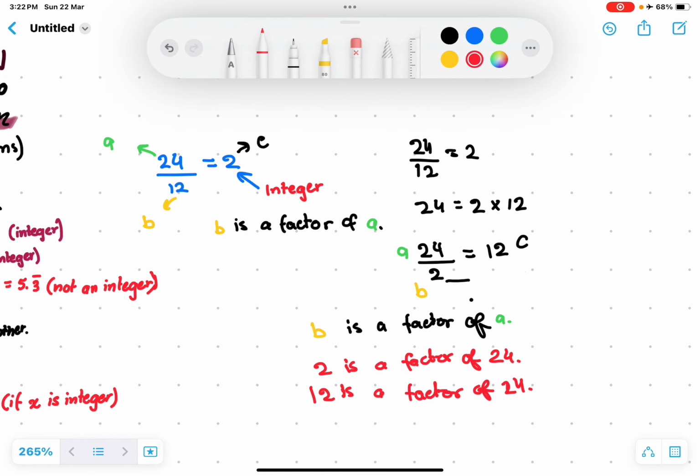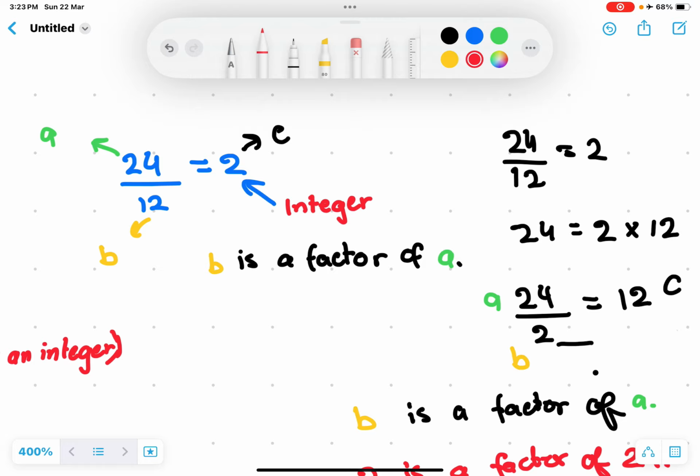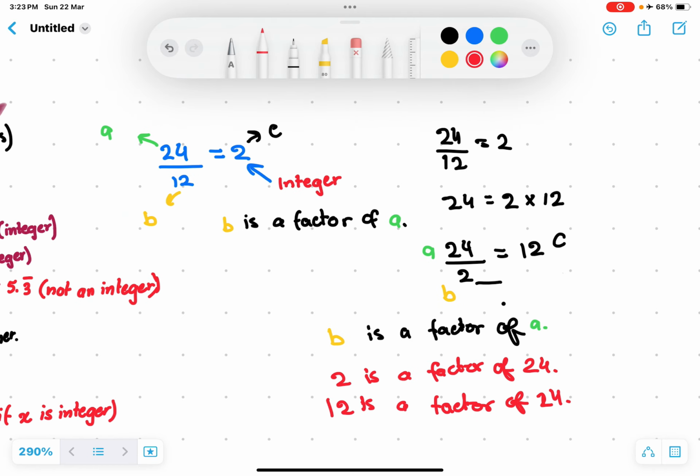Okay? So basically what we really figured out was how factors really work and what factors really are. So I hope that made sense, and now we can figure out the factors.